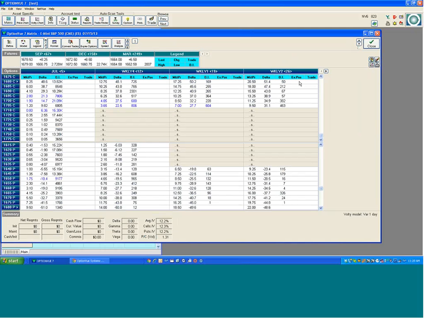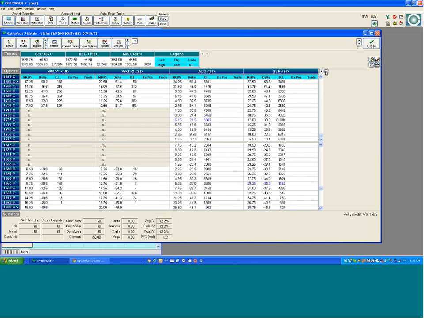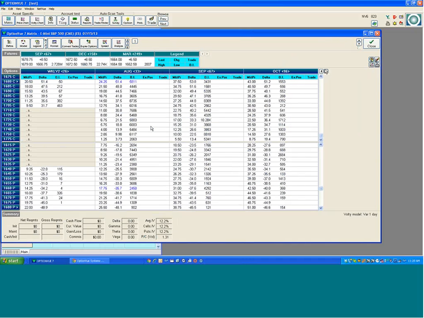Well, in case you don't know what a strangle swap is, here's the example: I will sell a strangle in the month of August with August options based on the September futures. With the futures at 1678, I'm going to sell the out-of-money 1700 call with a 37 delta.